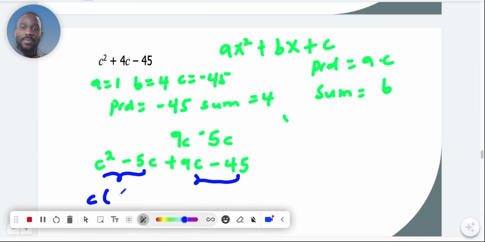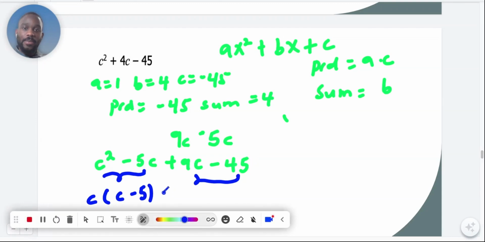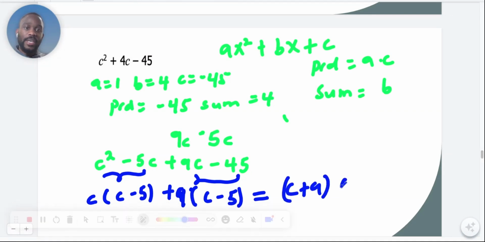So factor out c, and you'll be left with c minus 5. Looking at the last terms, the greatest common factor is 9. If you factor out 9, what you'll be left with is c minus 5. Remember, what you have in parentheses has to be the same. So this will be c plus 9 times c minus 5.